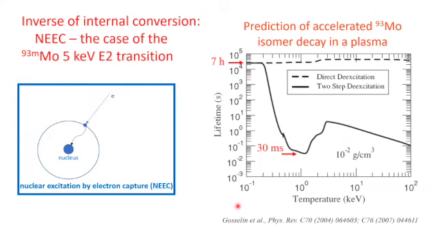And Gosselin published a couple of papers looking at the effects on molybdenum-93 in a high-density plasma at elevated temperature, theoretical work. And they predicted that the half-life should be reduced by a factor of about 1 million in the right kind of plasma conditions.